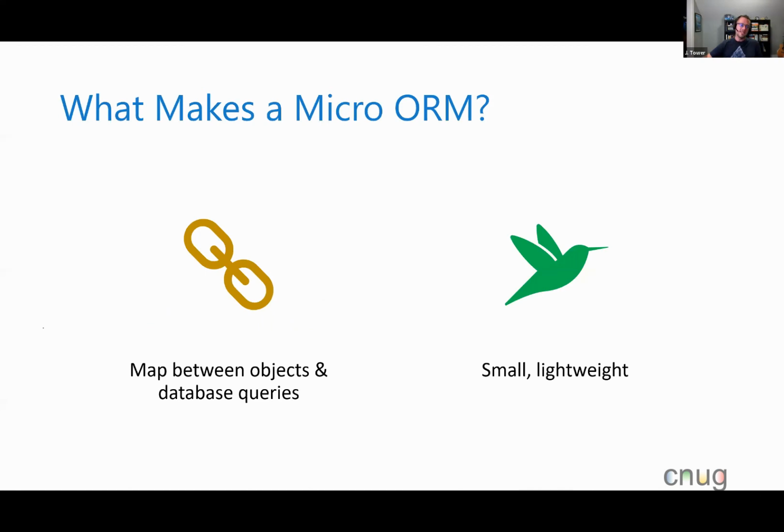I've gravitated over the years towards libraries that I can rely on that do one thing and do it really well. Log4net for logging, Dapper for micro ORMs, AutoMapper for mapping between objects, RestSharp for making calls to REST APIs from C# code, things like that, that just basically do one thing and do it really well.